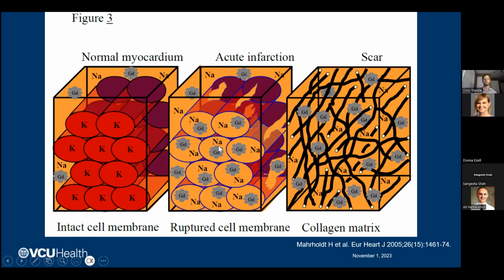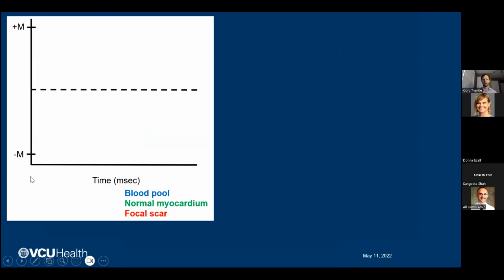You'll see that effect on our scans. Ultimately, if it lays down scar, a collagen matrix, that has a high water content, and so you will see penetration of the gadolinium-based contrast agents into a scar.